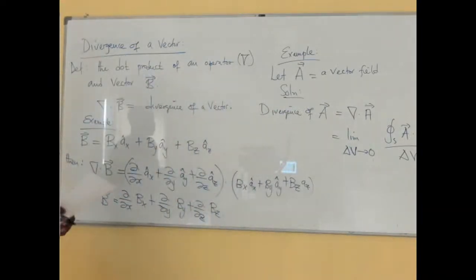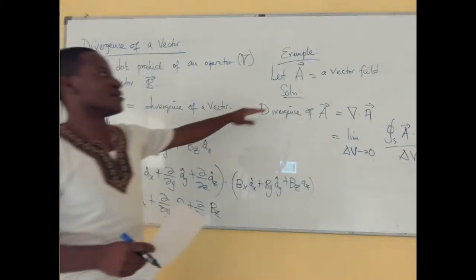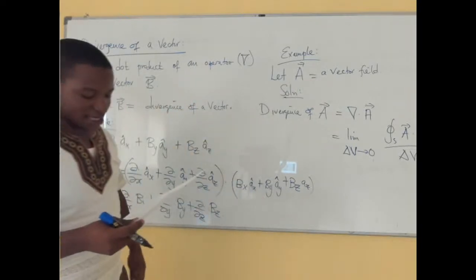So that is how we get the divergence of a vector field, as simple as that.